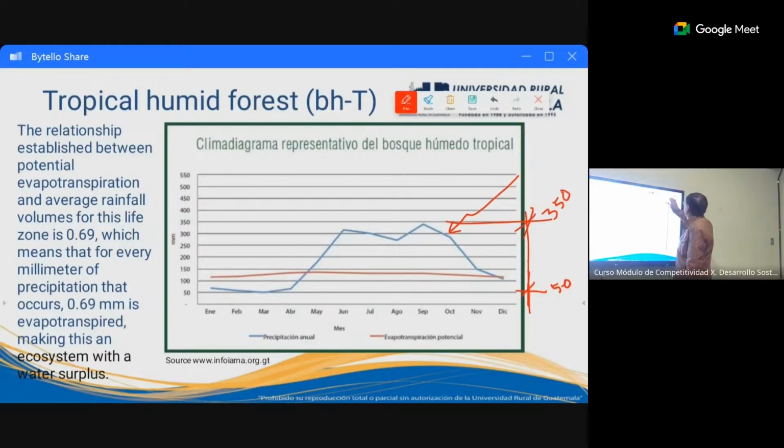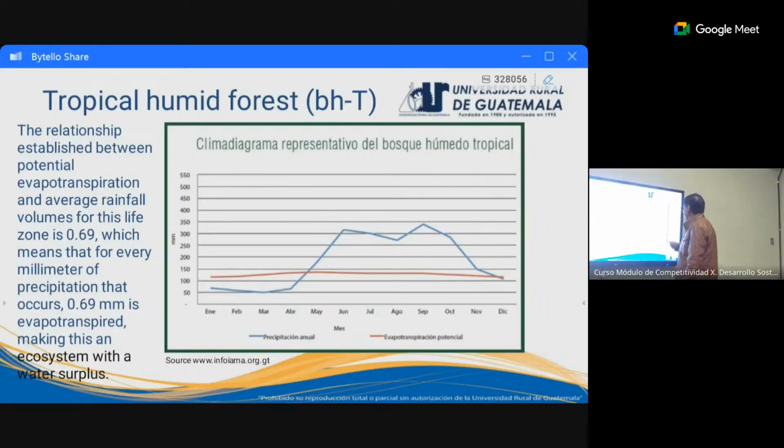Okay, so we also see that the red line increased also within this new climate, tropical humid forest, and the value here is, let's say, 125 millimeters.